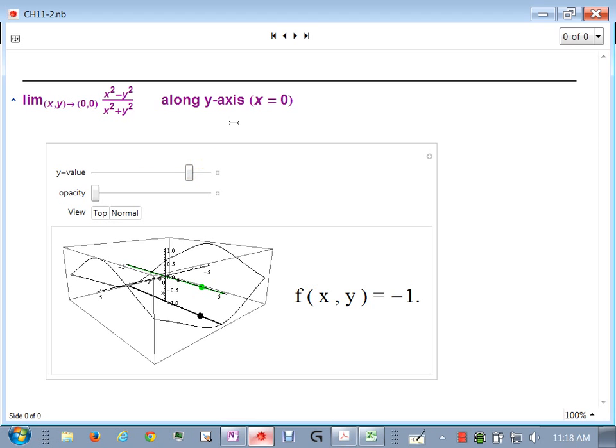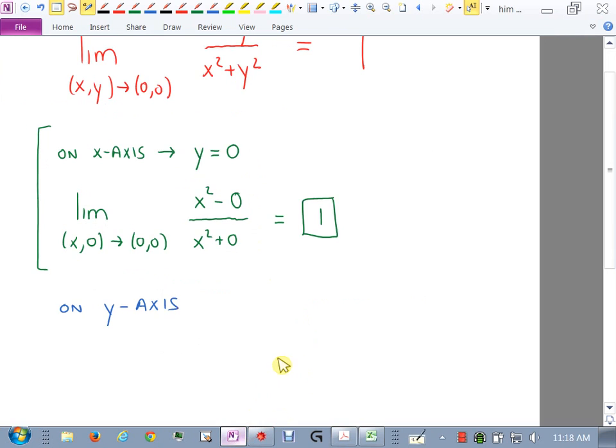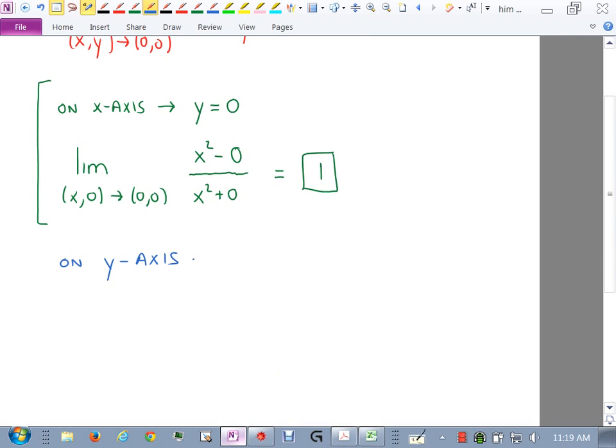Now let's show it algebraically. So if we're on the y-axis, what can we say then? x must be 0. And if x is 0, then I'm taking the limit as (0, y) approaches (0, 0) of what? 0 minus y squared over 0 plus y squared.